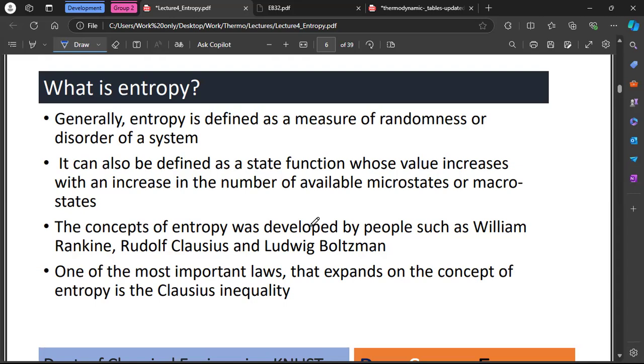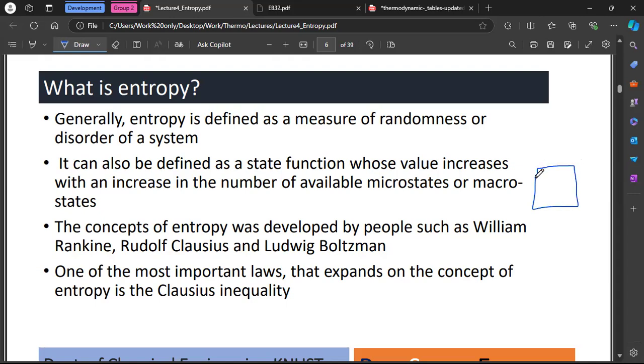So maybe I have a situation where my particle can occupy position A, B, C, and D, or it might have this amount of energy at different locations, right? If I increase the number of possible locations my molecule can occupy, then I'm in effect also increasing the entropy, because of how much more disordered it can become. So this is what I'm trying to say.